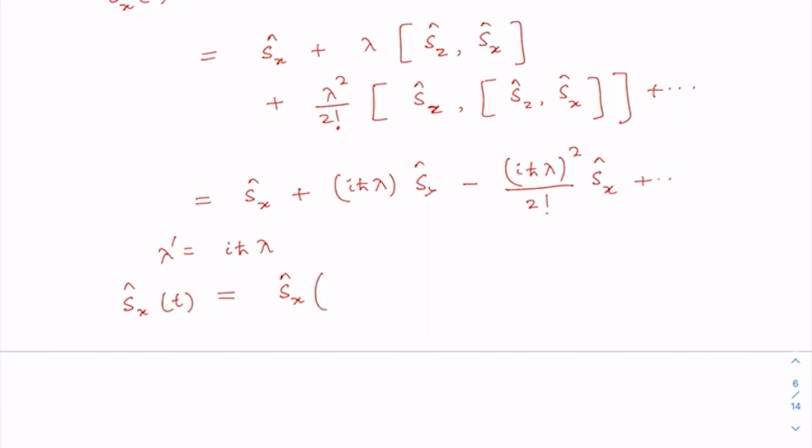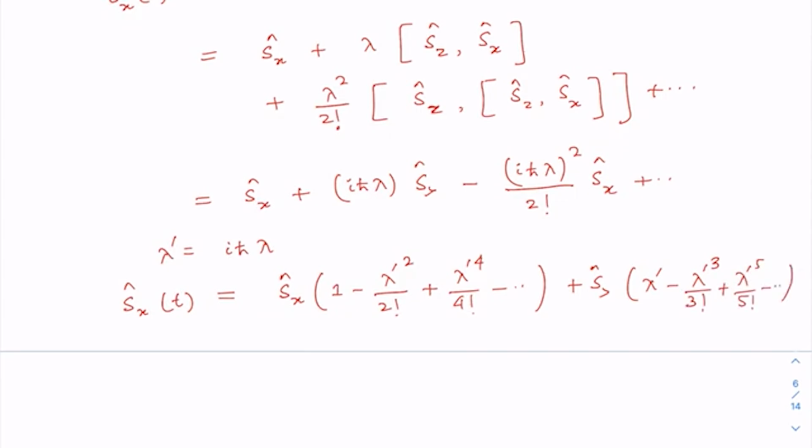If I take it common, then I have (1 minus λ'² by 2 factorial plus λ'⁴ by 4 factorial), and we'll have Sy times (λ' minus λ'³ by 3 factorial plus λ'⁵ by 5 factorial) and so on.